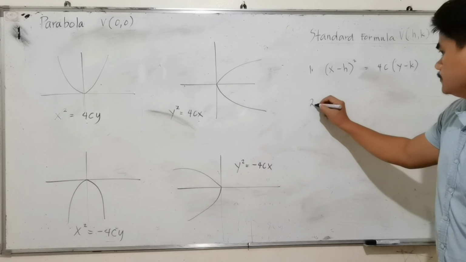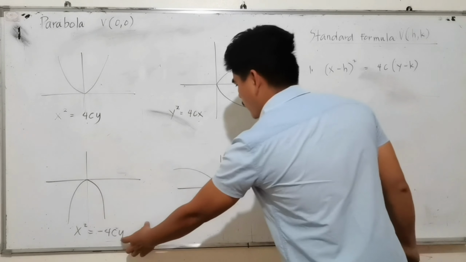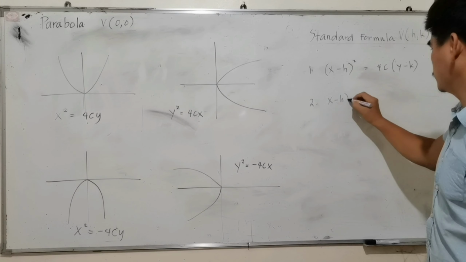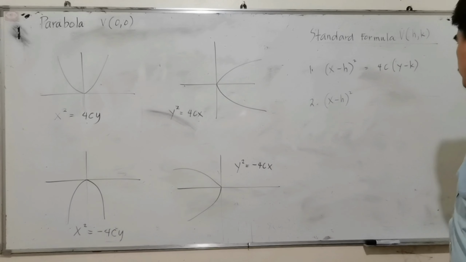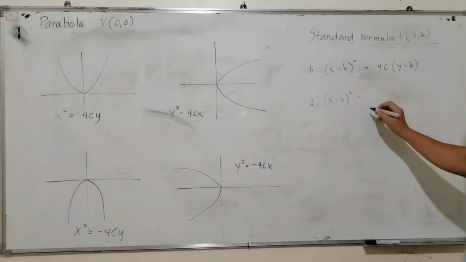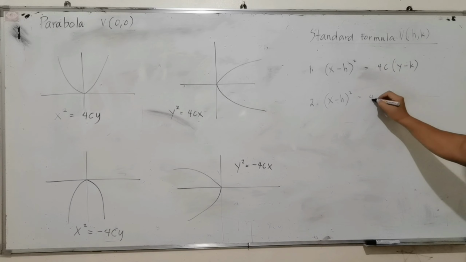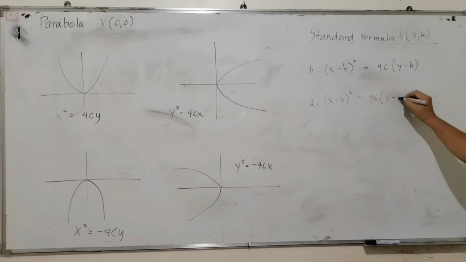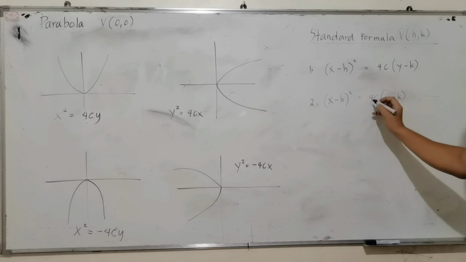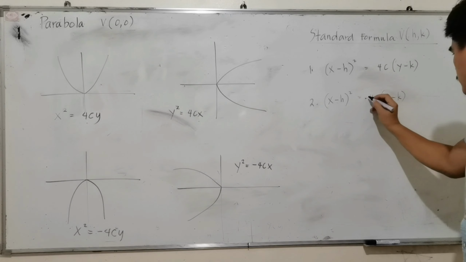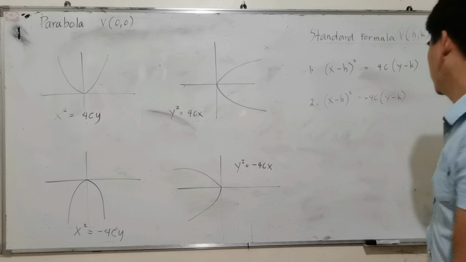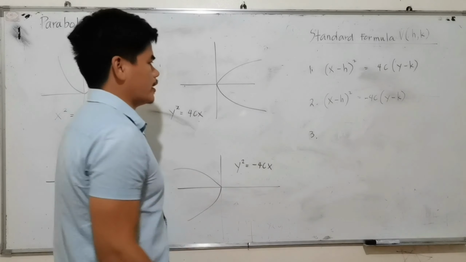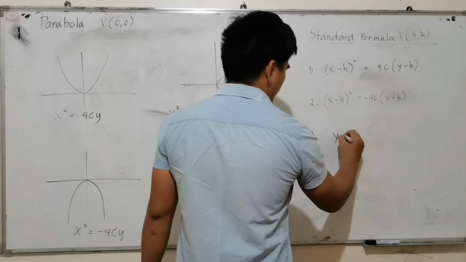Number 2, if opening downward, we have (x minus h) squared equals negative 4c times (y minus k).